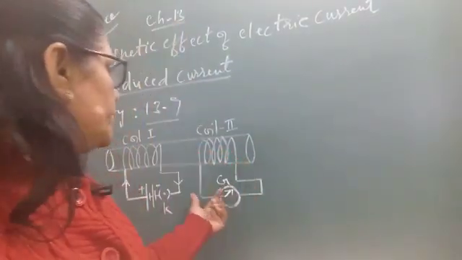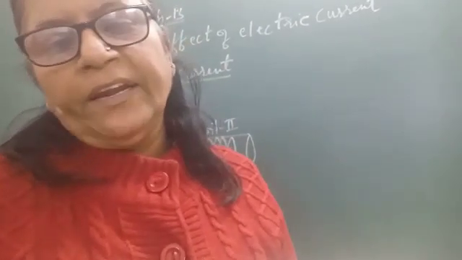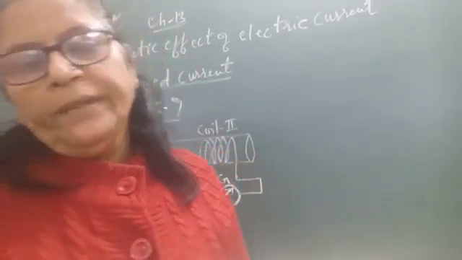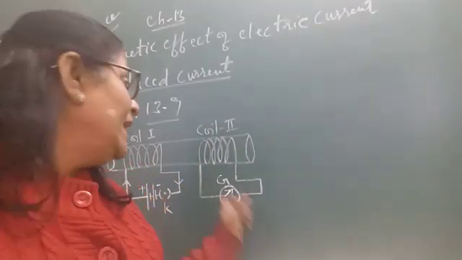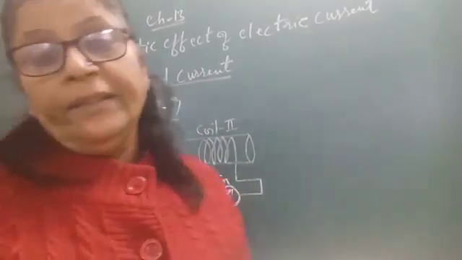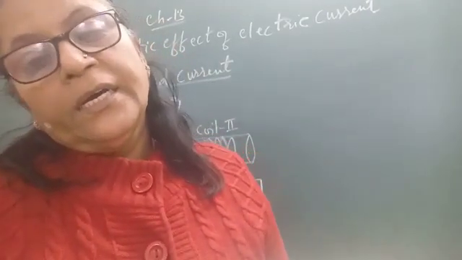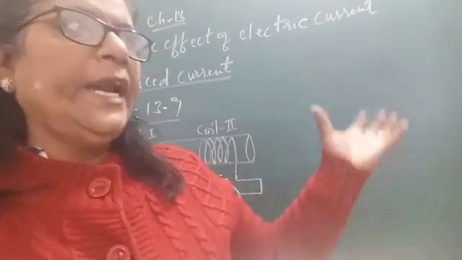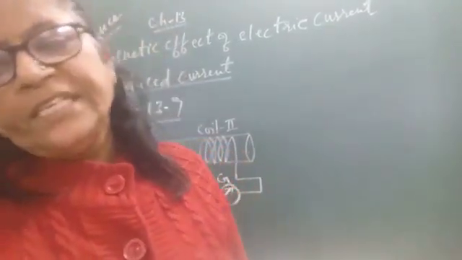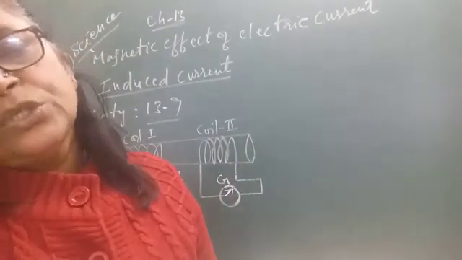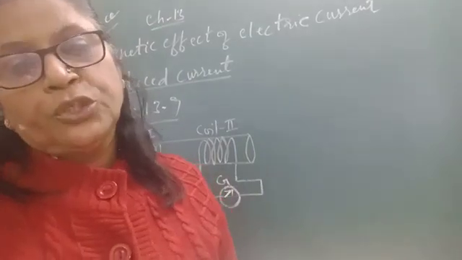So here with coil 2 the galvanometer is connected. Now plug the key and observe the galvanometer. If there is any deflection, the needle instantly jumps to one side, either right or left, and quickly returns to 0, indicating a momentary current in coil 2.